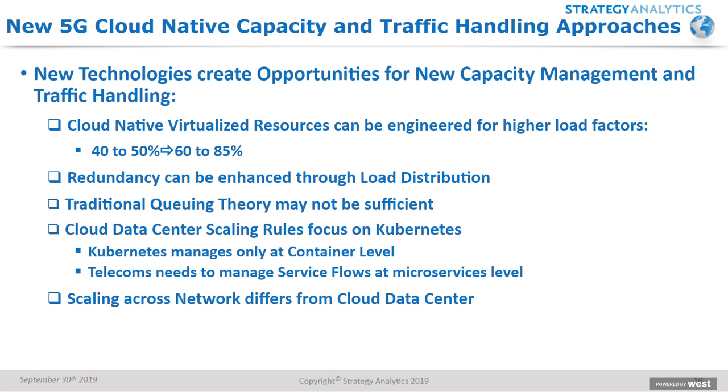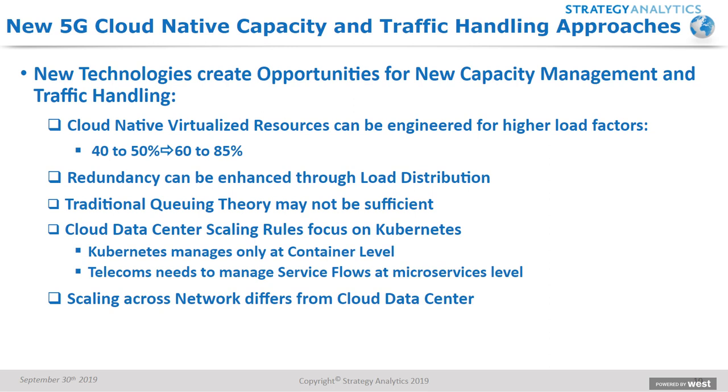And we have new rules that are going to be needed to be developed by the operators that go beyond what cloud data centers have needed. Kubernetes at the container level has been sufficient for much of the management of the virtual cloud services that we need in a data center.